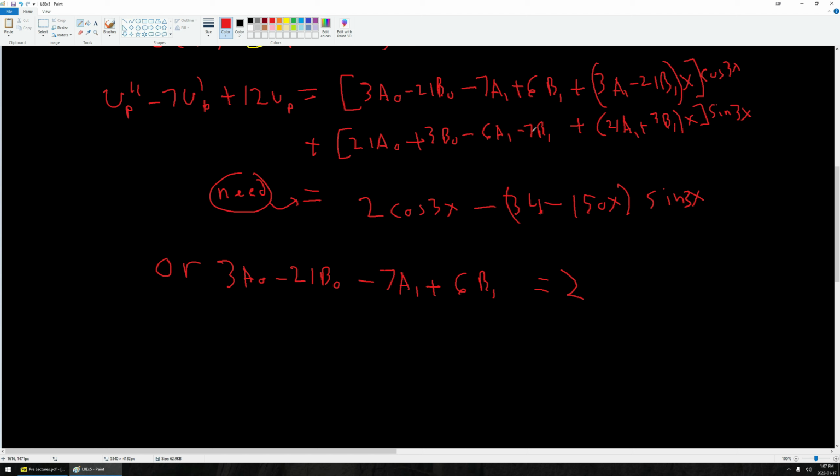Then I need the x terms to be equal, so I need 0 to be equal to 3a1 minus 21b1. Then working on the sine terms, the sine term right here has a coefficient of negative 34, so I could just do minus 34. That needs to be the constant term. So just rewriting this as a system, I get this plus 3b naught minus 6. And again, I'm rewriting it in this form because I have a system of equations.